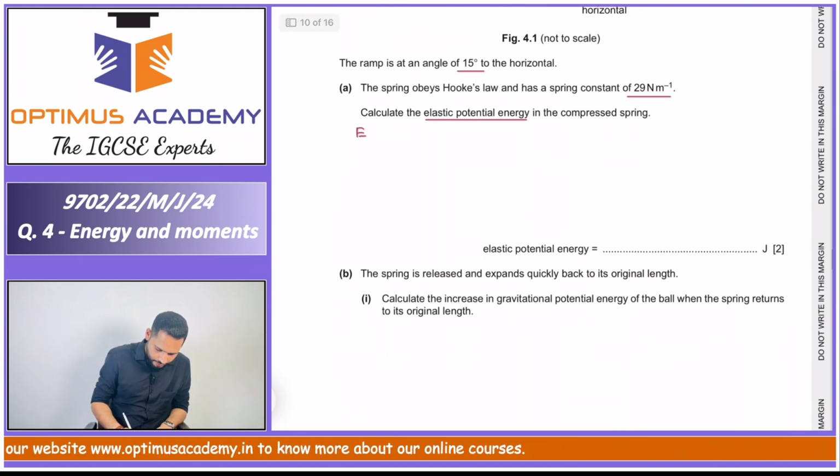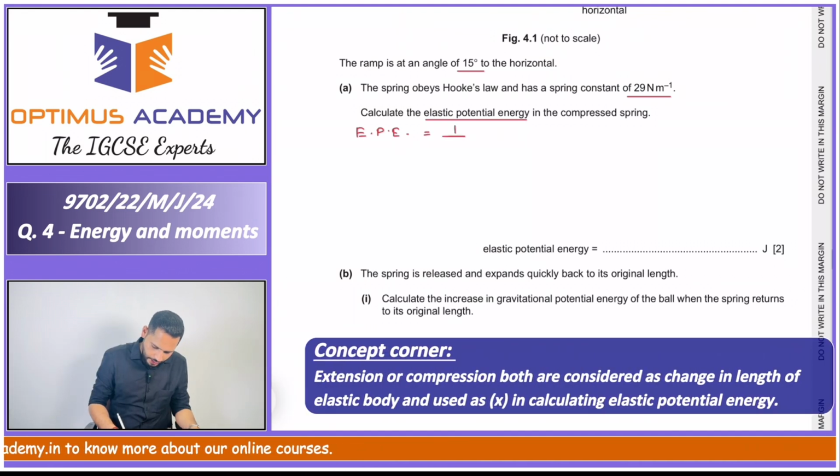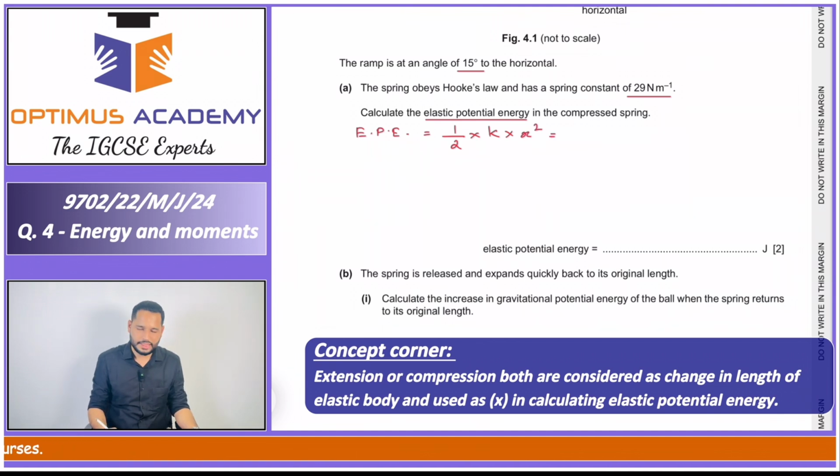We know the formula for elastic potential energy. It is half into kx², where k is the spring constant of the given spring.